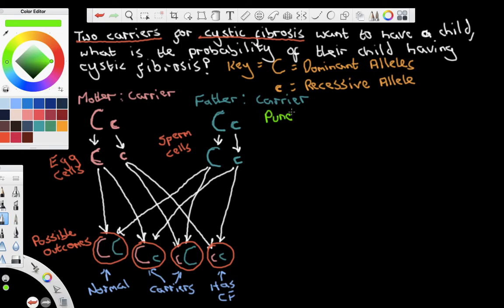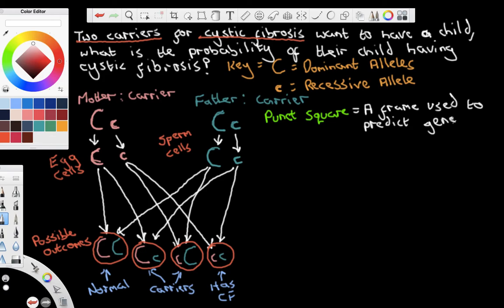A Punnett square. And a Punnett square can be defined as a frame used to predict genetic crosses. Okay? So to do a Punnett square, we can do it for this.